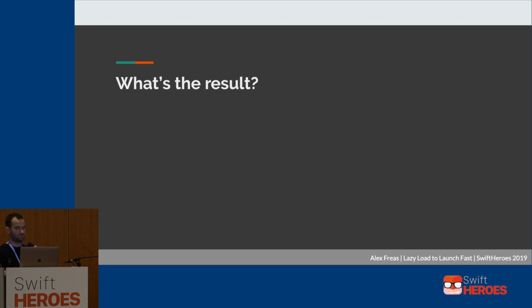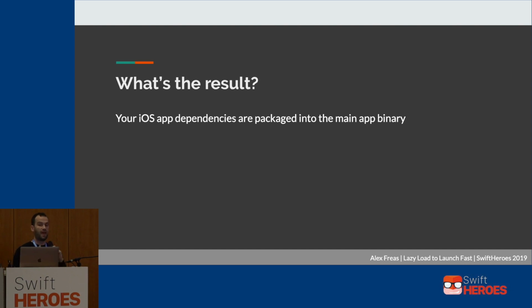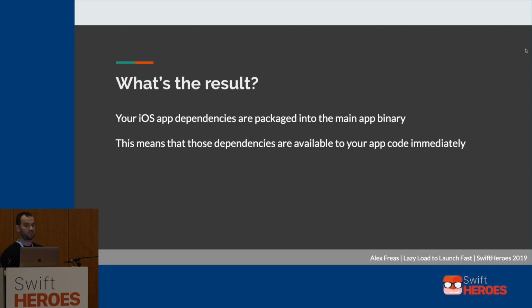Okay, so what's the result? Like I said, your iOS app dependencies are then packaged into the main app binary. This means that these dependencies are available to your app immediately. Of course, since the app binary is larger, it does take more time to load it from disk into memory, but that process is much faster because it's standard.